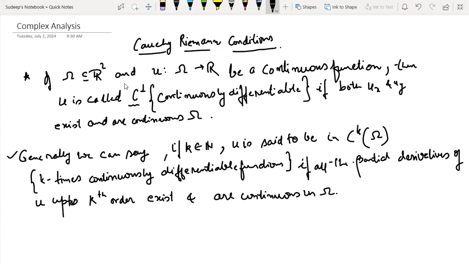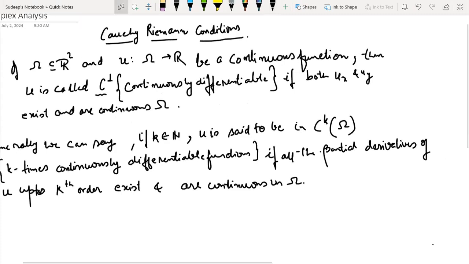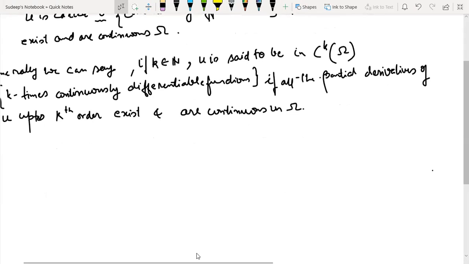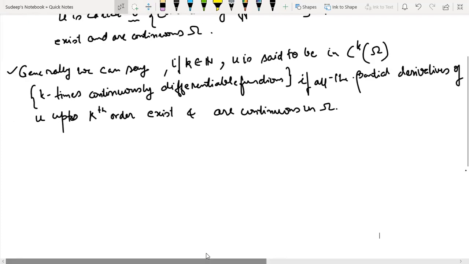Now, in the previous lectures, we've already seen some important things regarding Cauchy Riemann conditions, and we spent 2 lectures on it. So now, today is the right time to explore a few more things regarding Cauchy Riemann conditions and analyticity of the function.